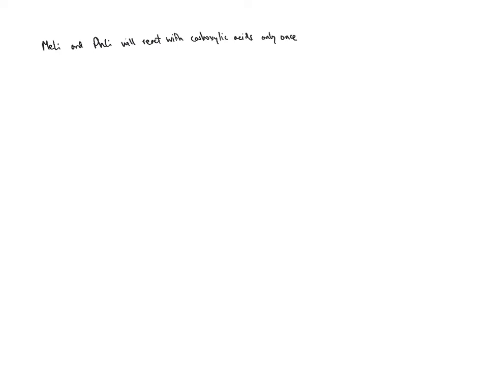Okay, so if we have a carboxylic acid, and we react it with two equivalents of methyl lithium, the first thing that's going to happen is that one of the methyl lithiums is going to deprotonate to give you the carboxylate.